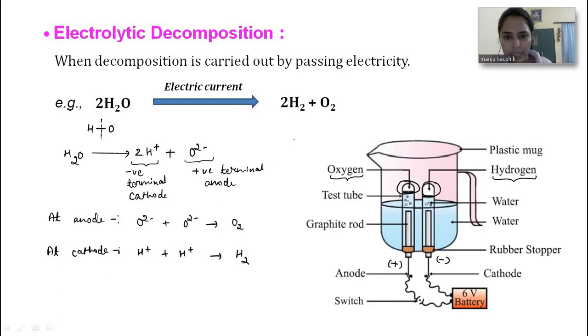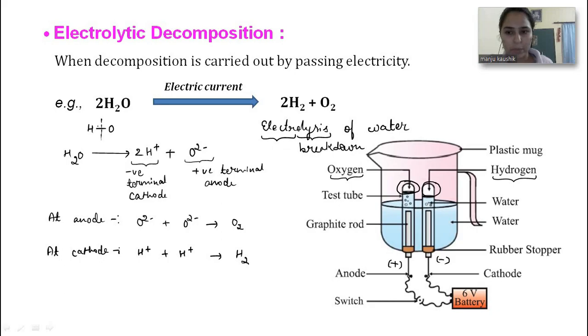So this was electrolysis of water. Students, what is electrolysis? What do you mean by electrolysis? It means breakdown. The word lysis means breakdown. So breakdown of water with the help of electricity.